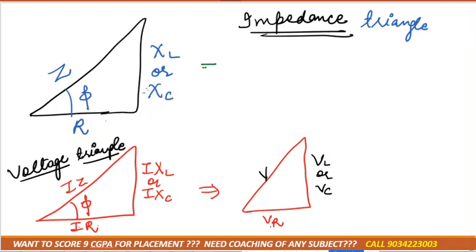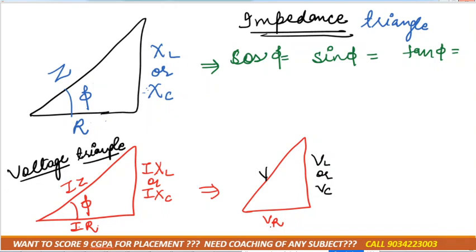What was the formula? If I apply sine phi, you know what is sine phi, cos phi, tan phi? So sine phi is how much? Tan phi is how much? And cos phi is how much? Can you tell me? Cos phi is how much? That is base over hypotenuse.